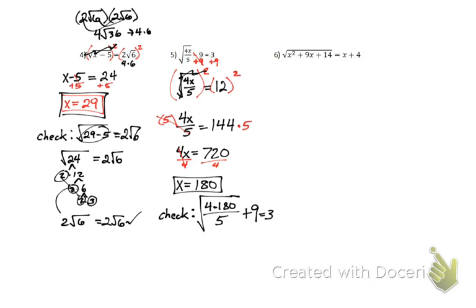So 4 times 180 is 720. So I have the square root of 720 over 5 plus 9 equals 3. I'm going to simplify the square root of 720 divided by 5. 720 divided by 5 is 144. So I have the square root of 144 plus 9 equals 3. Square root of 144 is 12.